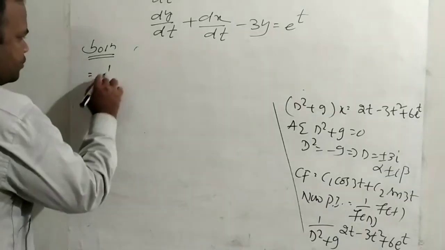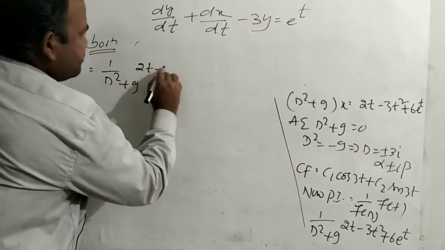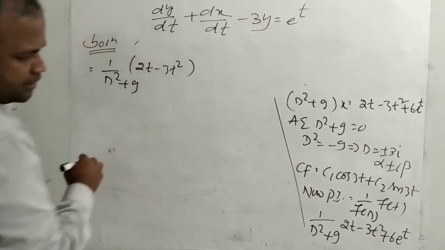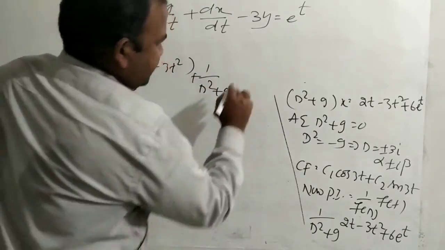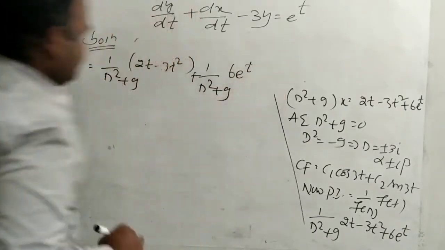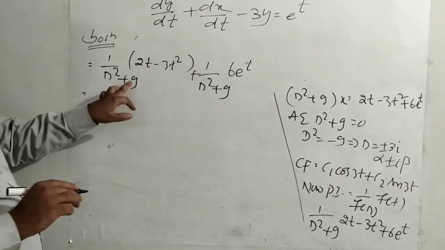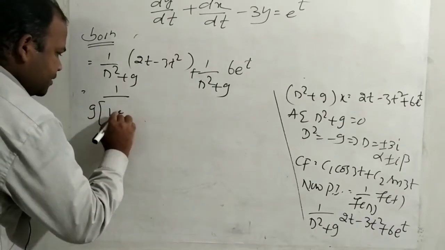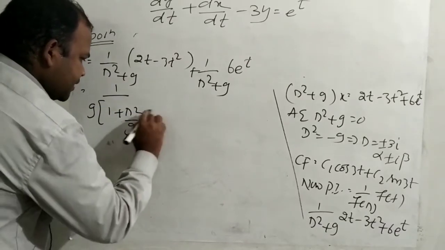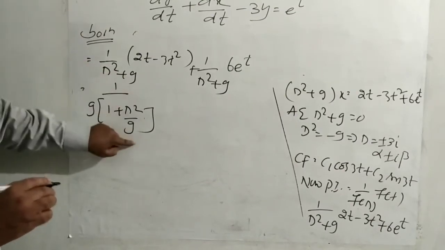This is 1 upon d square plus 9 acting on 2t minus 3t square, plus 1 upon d square plus 9 acting on 6 e raised to t. For the binomial series, the constant you take as common. This is 9 common, so 1 plus d square by 9.